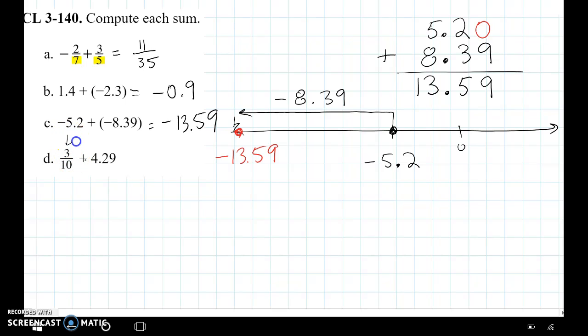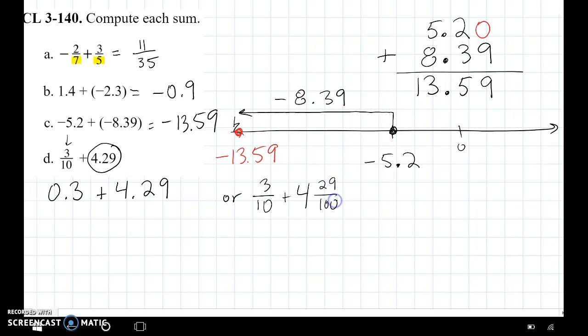I can either take 3/10 and convert it into a decimal, and then add accordingly, or I can take 4 and 29 hundredths and add those together. Now I can add fractions together with fractions, or I can just add decimals. To me, it's easier to add decimals, so I'm going to do that.